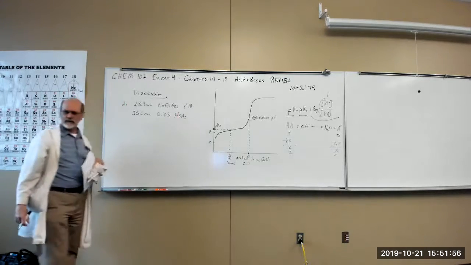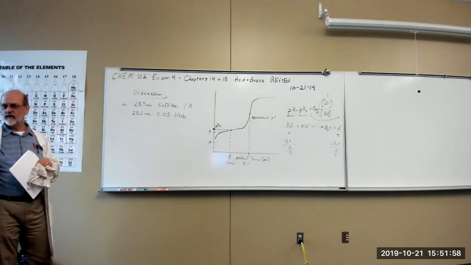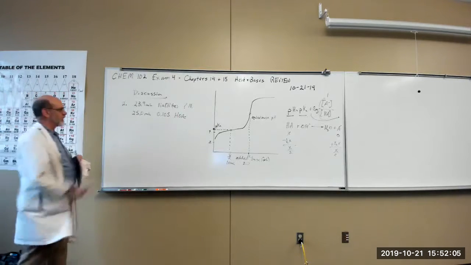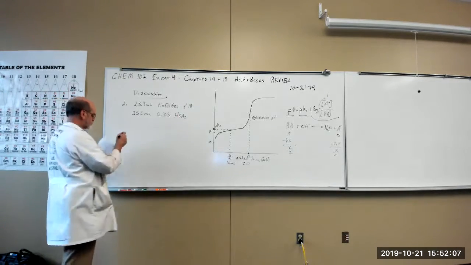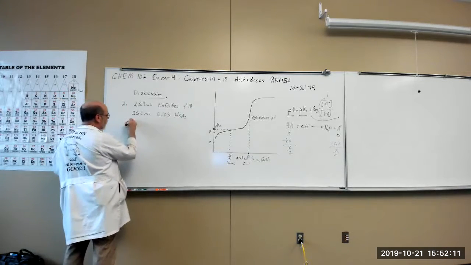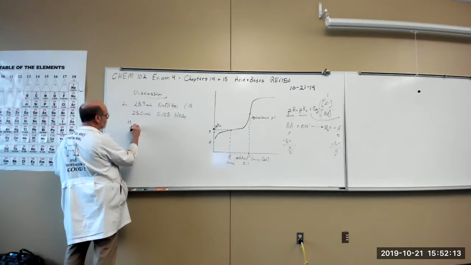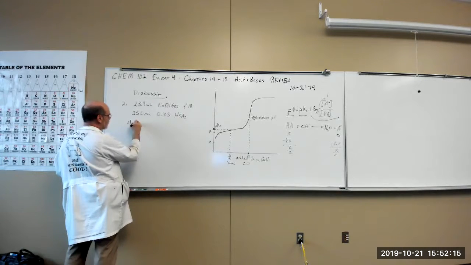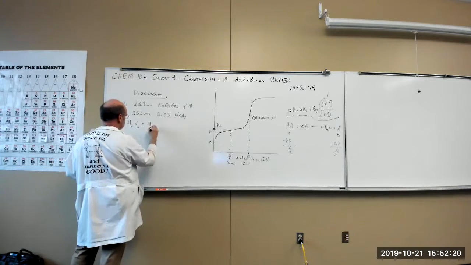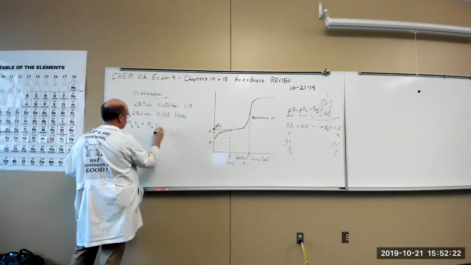We did this before, didn't we? First semester, when we were standardizing our base to determine the molecular weight of citric acid. So what we're saying is the molarity of the base times the volume of the base is equal to the molarity of the acid times the volume of the acid.